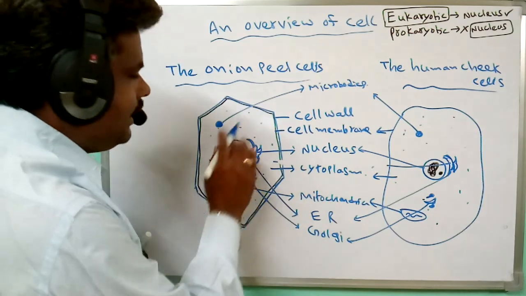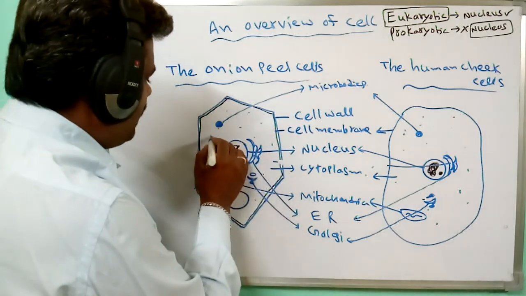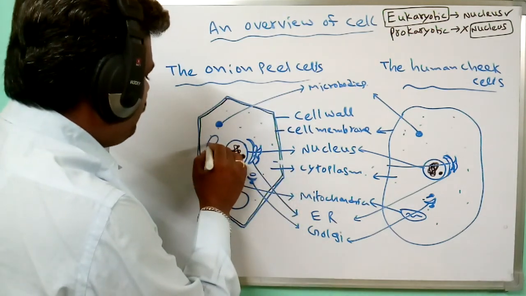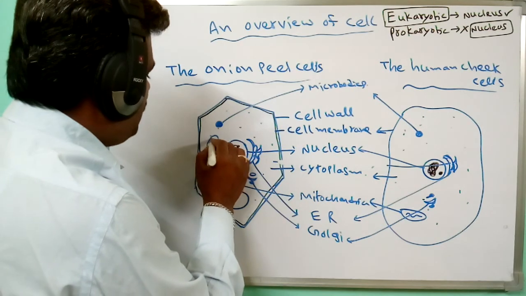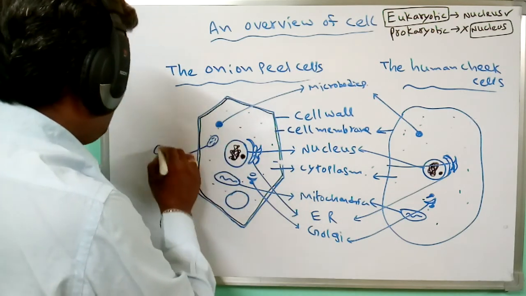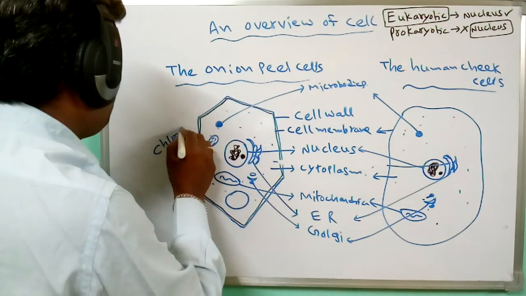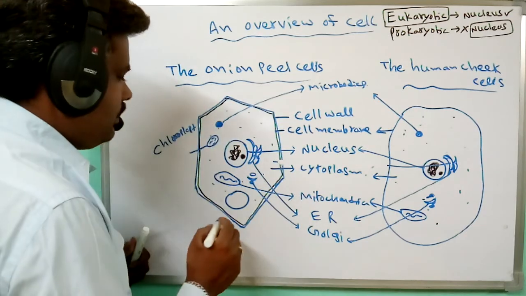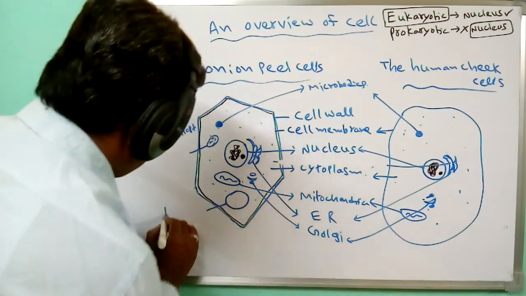Next, in addition to this, plant cells also have chloroplast and vacuole.